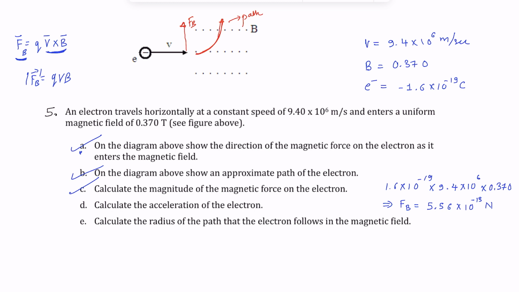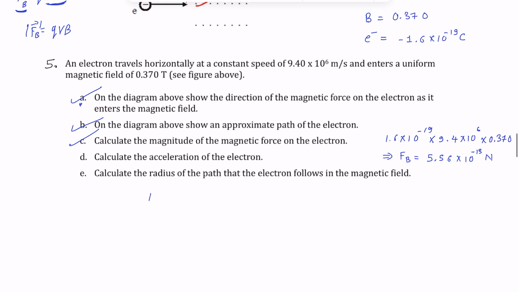Now calculate the acceleration of the electron. Okay. Calculate the acceleration. So this is also where they're trying to combine 231 and 232. So you have the magnetic force, right? And that will be equal to the mass times the acceleration.